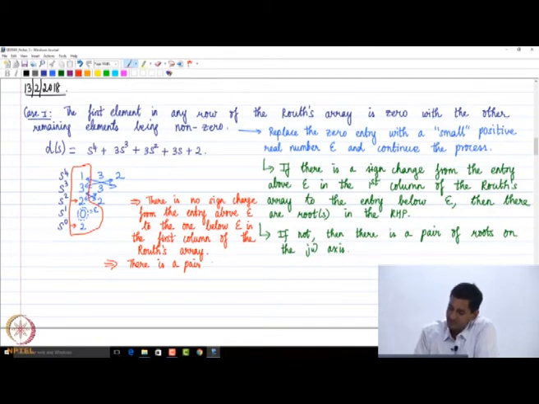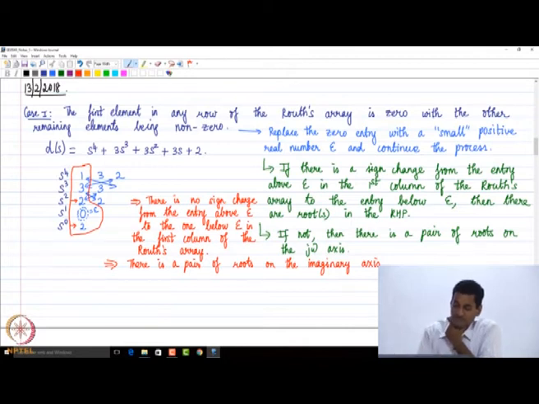So, this leads us to conclude that there is a pair of roots on the imaginary axis. Okay, so that's the conclusion which one can draw.